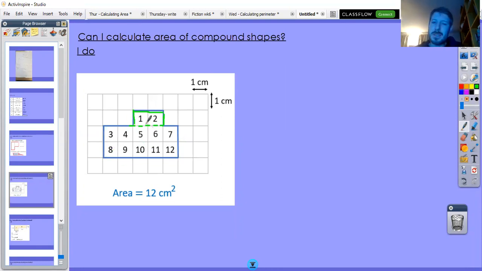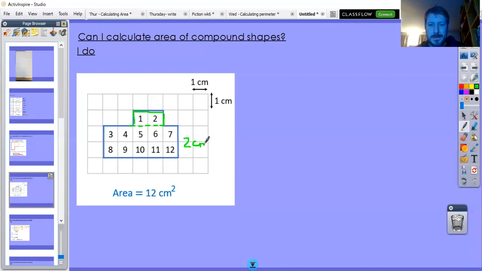Obviously for this one it's quite easy because you can just count up the squares, but for the questions we're going to be doing, we need to start thinking of it as two separate shapes, work out the area of each separately, and then add them together.